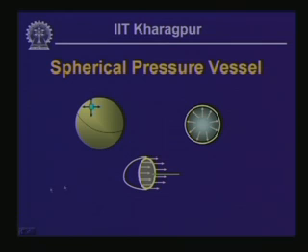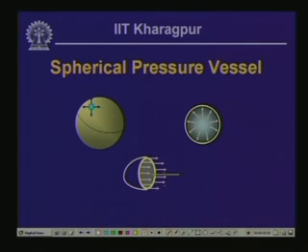Now, we had evaluated the values of the stresses, and if you remember, for a spherical vessel of this kind, the stress that exists is sigma, both in the x and the y direction. We had written down the resistive force, which is sigma times area, equal to sigma times 2 pi r t, where r is the internal radius of the spherical vessel and t is the thickness of this particular vessel.